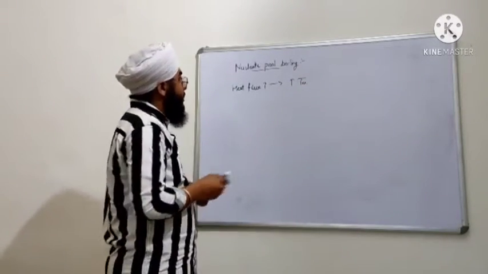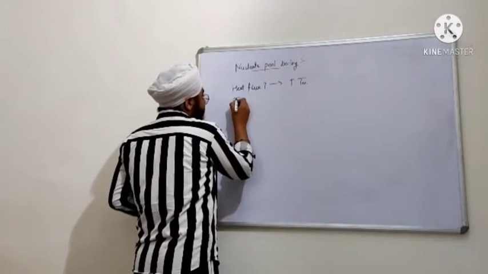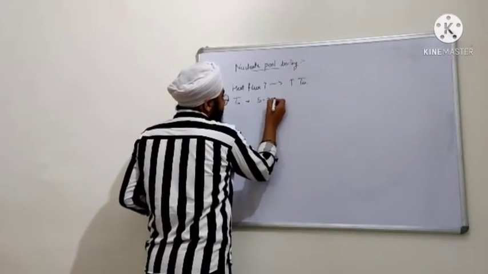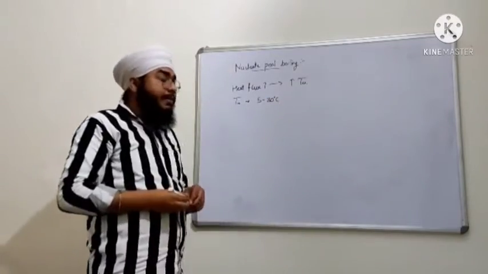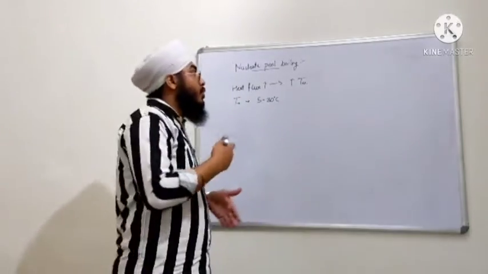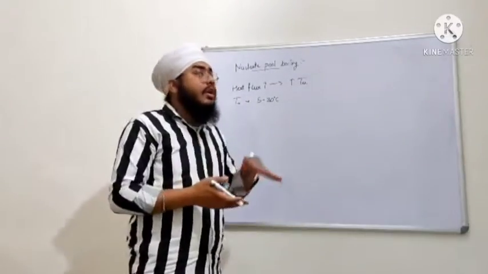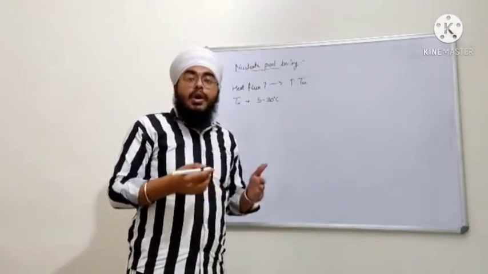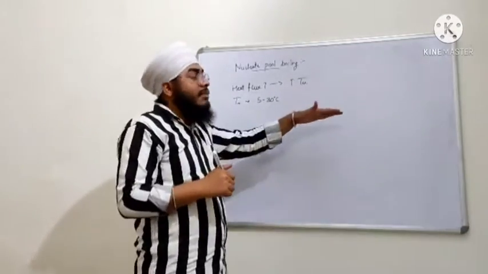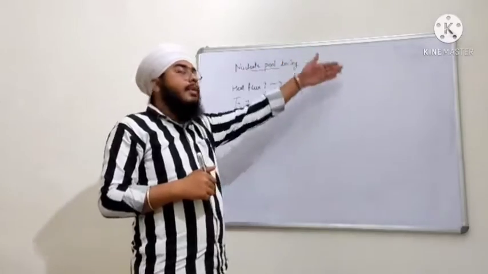Now in this region, the range of temperature is generally from 5 to 30 degrees Celsius. What happens in nucleate boiling is the bubbles start forming, but those bubbles do not reach up to the upper layer, because they give the heat energy they have to the above layers.